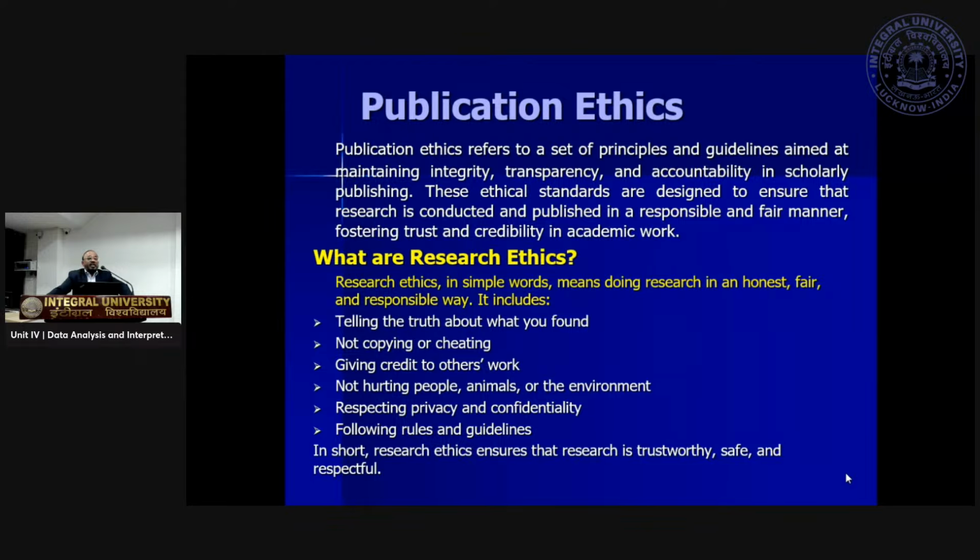In science there are certain animals which are not allowed to be dissected. You should not use animals which do not come under the principles and guidelines. It also means following the rules and guidelines of publication of a research paper or thesis. So in short, research ethics ensure that the research is trustworthy, safe, and respectful.